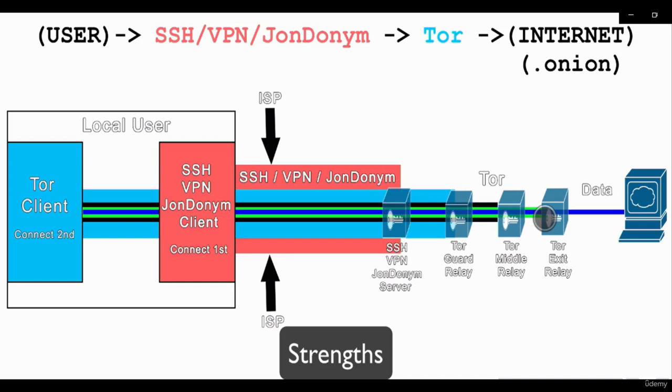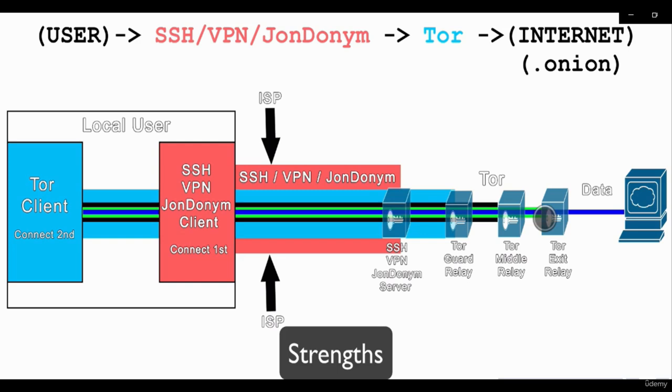So this is how an ISP helps a local user. VPN to gaining data using Tor through SSH, VPN, Jondonym server, or Tor guard relay, or Tor middle relay, Tor exit relay.